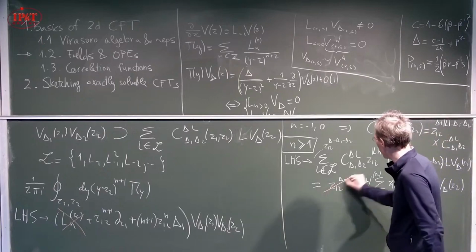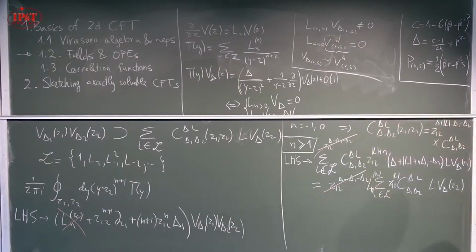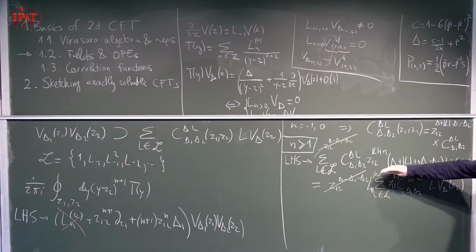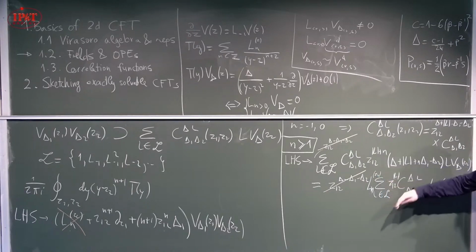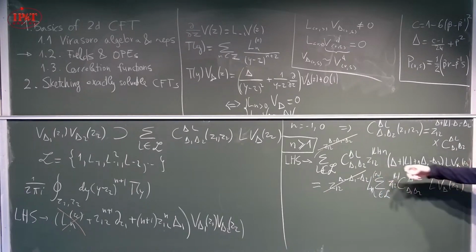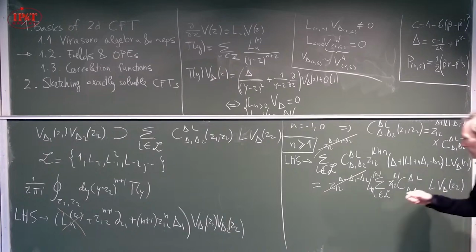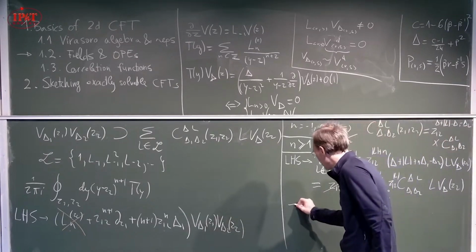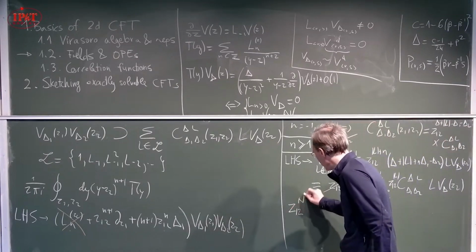So first, this prefactor is the same on both sides, so that's one thing. And then, both these terms are a series in powers of z12. So they should agree degree by degree in z12. So let's focus on the term z12 to the n for some big n.